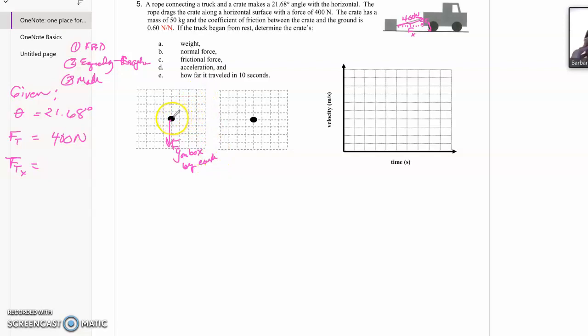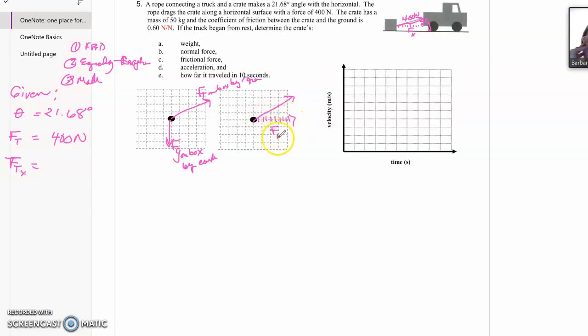Now, if there's a force this way, which is the force tension, right? So this is force tension on the box by the rope, right? So I'm just going to come over here and do that so I can think about it as I draw.